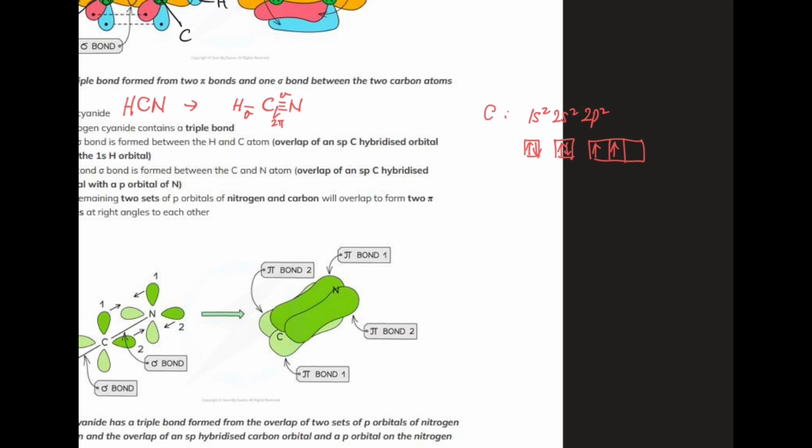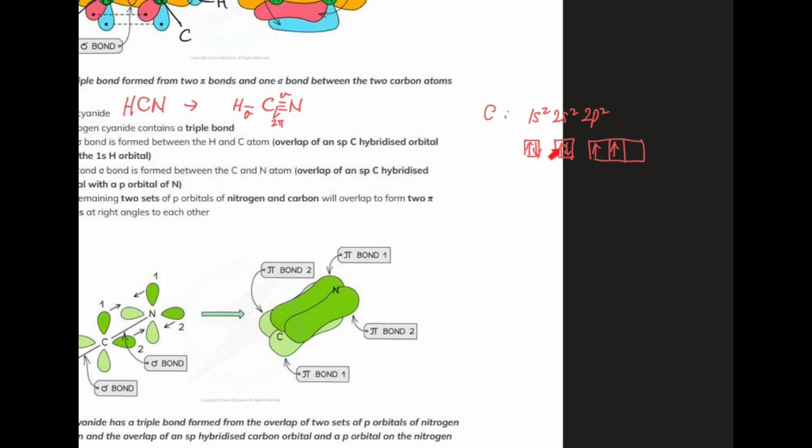So they are like this, and after that they are going to hybridize. How many of them are going to hybridize? You see how many sigma bonds. If they form 2 sigma bonds, then 2 of them are going to hybridize.